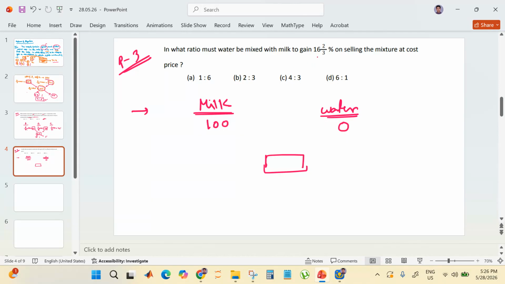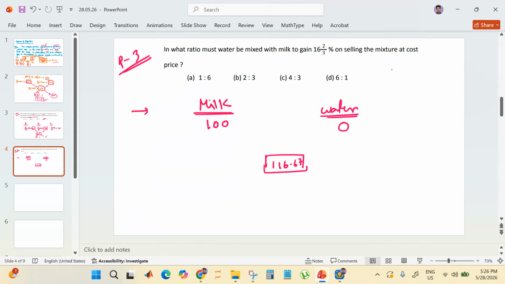So to gain 16 whole 2 by 3%, what should be the selling price of this mixture? It should be 116.67, right?